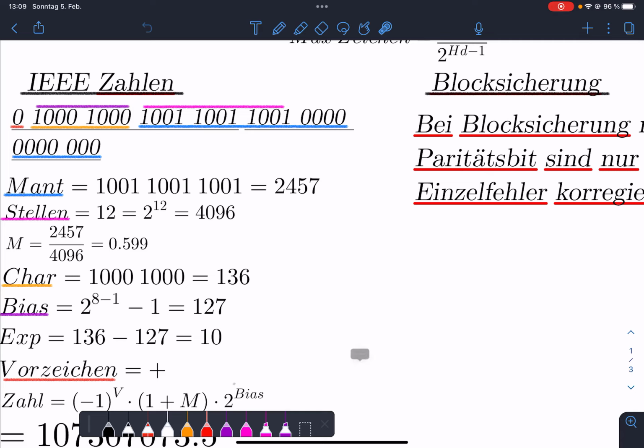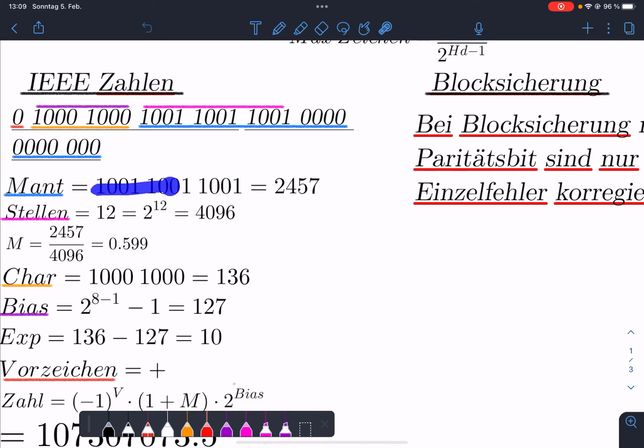Then we have the mantissa, which is this long part over here, and it's just taken as is. We just take the numbers up until we have our last 1, meaning we can only get these 3 numbers. We don't consider these zeros because they have no 1s there.